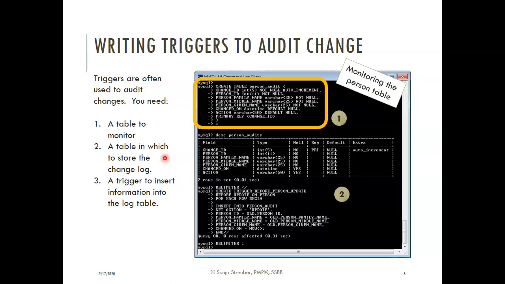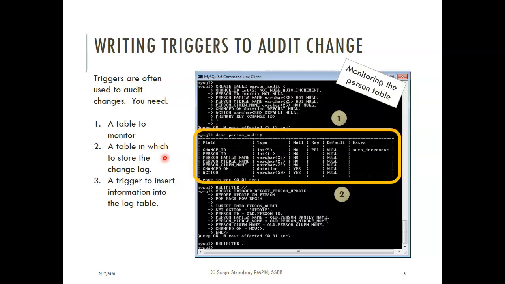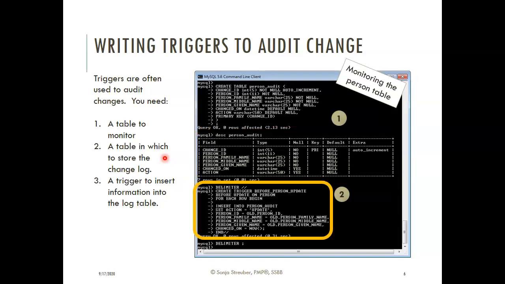This is the create code here, and this is what the table looks like once it's been created. Lastly, we need the trigger itself, about which we'll talk in a moment. And notice that the delimiter is being reset at the beginning of the trigger creation code. So it's very important afterwards to reset the delimiter again.